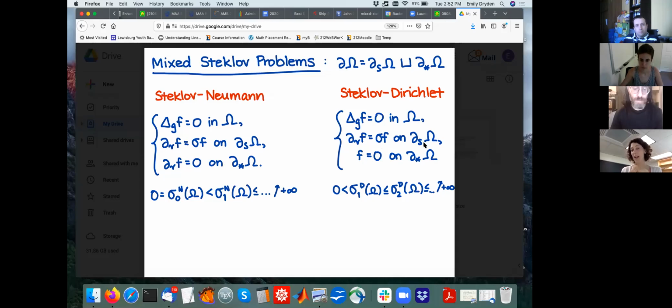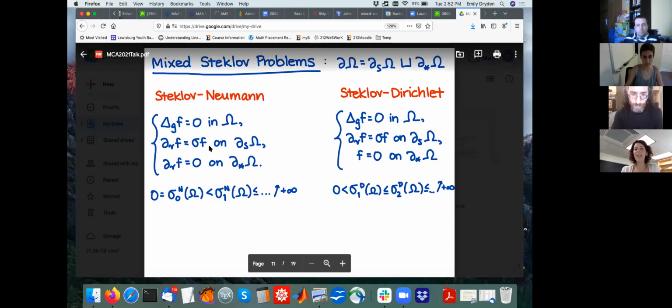There we're taking, again, rho to be 1 on the Steklov portion of the boundary, and the function to be identically 0 on the rest of the boundary. In both cases, you get a discrete sequence of eigenvalues, as people are used to, and there are specific examples where each of these is interesting. For the purposes of time, I won't go into that too much.